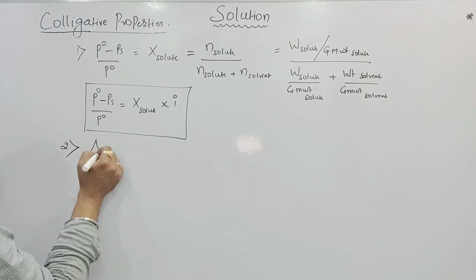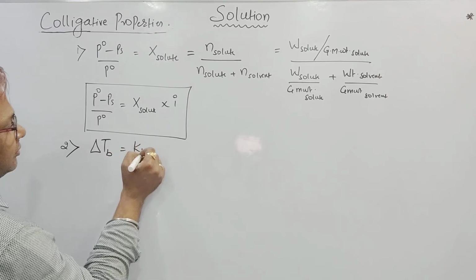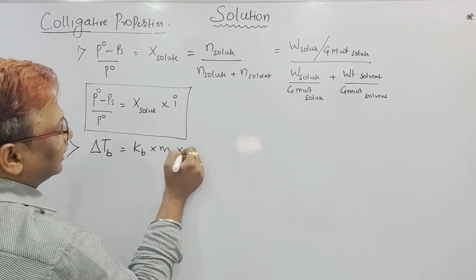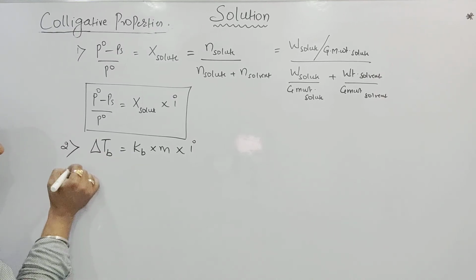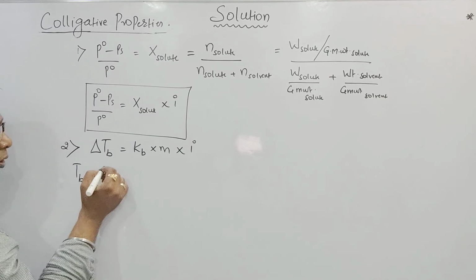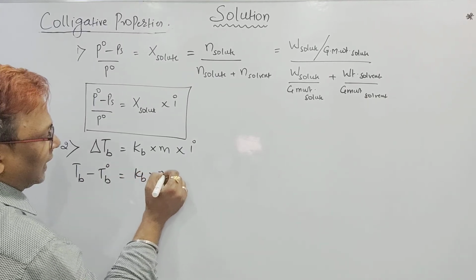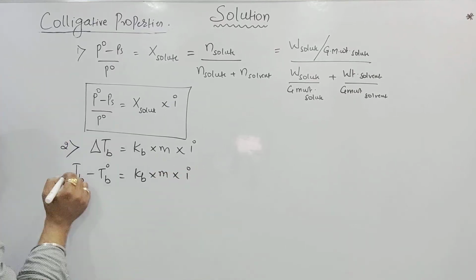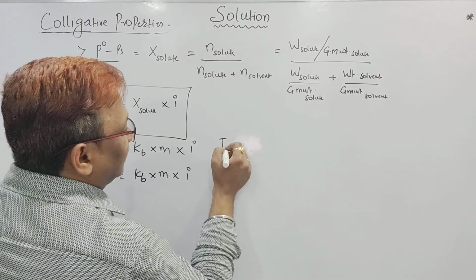Second one is elevation in boiling point, delta TB. Sir, it is equal to Kb into molality into i. Here this delta TB is written as TB minus T0B, which is equal to Kb into molality into i. So what is TB and what is T0B? Let me tell you that also.